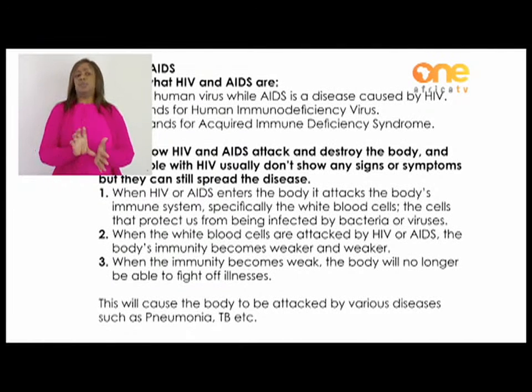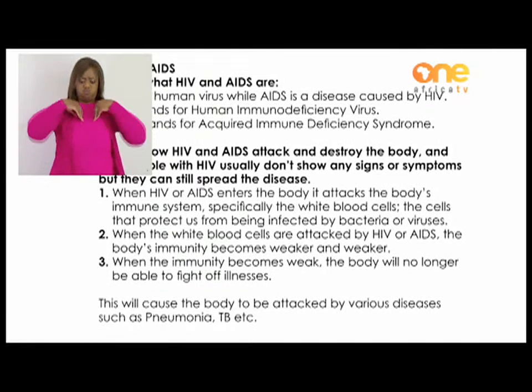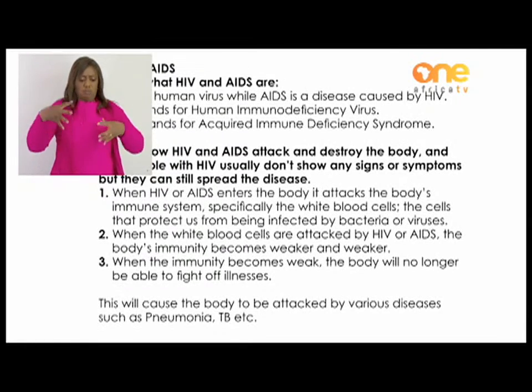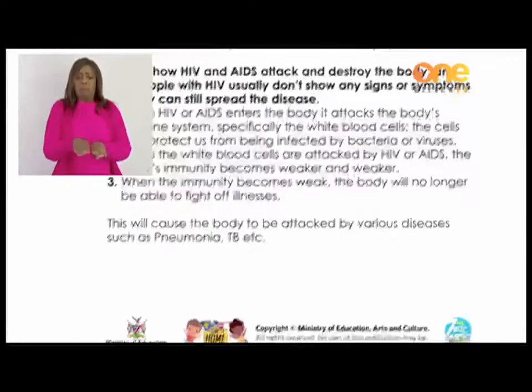Then the last thing that we need to look at today, it says that we must be able to explain how HIV and AIDS attack and destroy the body, and that people with HIV usually don't show any sign or symptom, but they can still spread the disease. How does HIV attack and destroy the immune system? When HIV or AIDS enters the body, it attacks the body's immune system, specifically the white blood cells.